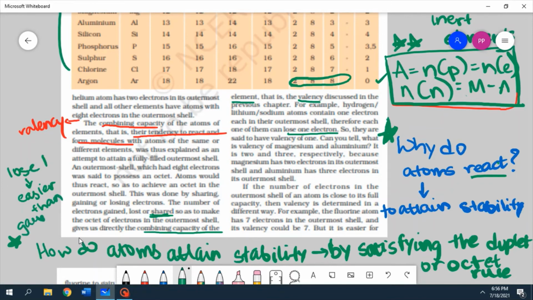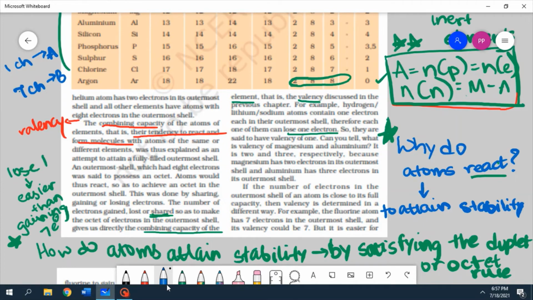gaining 7 electrons, right? So imagine you have 1 chocolate, and your friend has 7 chocolates. Alright, so each time, this is B and this is A, each time 1 chocolate is transferred, you lose a certain amount of energy. So if you give 1 chocolate, you lose a certain amount of energy. If B gives 1 chocolate, it loses a certain amount of energy.